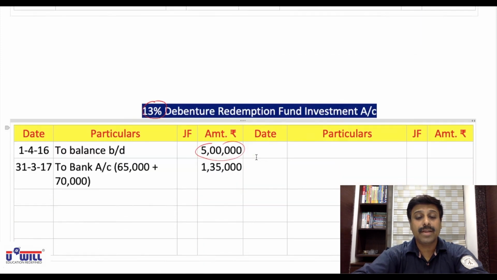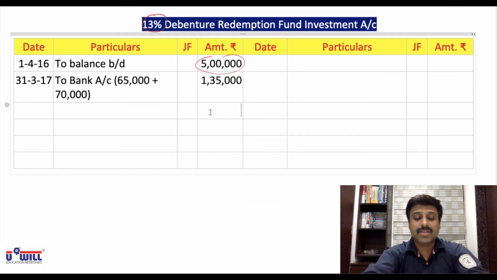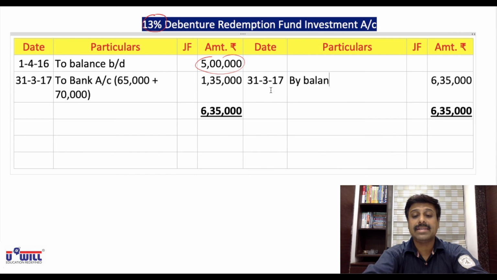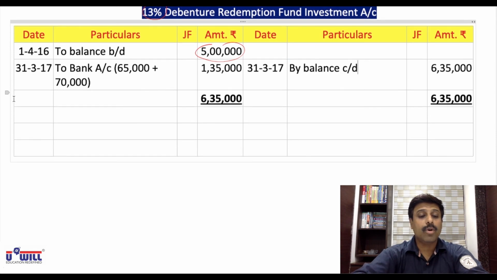6,52,450. The investment account will have a balance of 6,35,000 on both the sides, and balance also 6,35,000. 31,317 by balance carried down. Opposite side 1,417 to balance brought down.